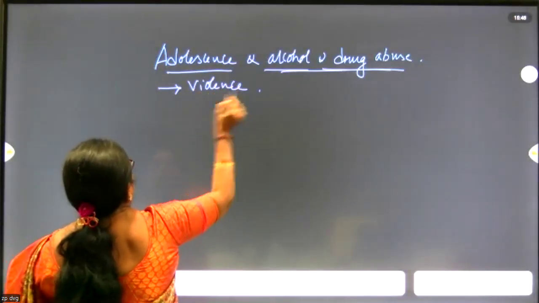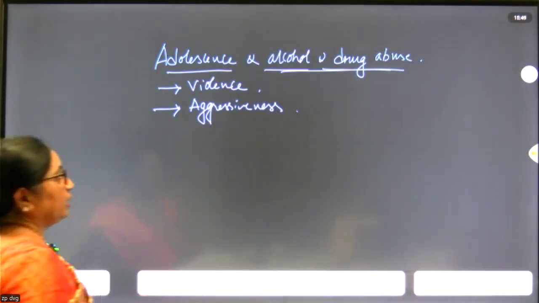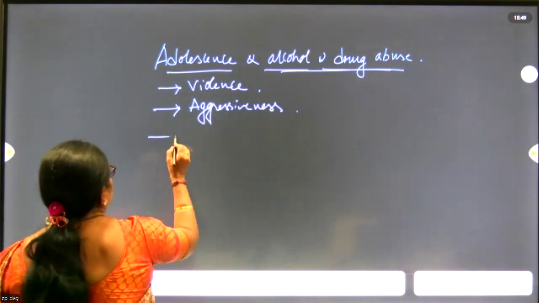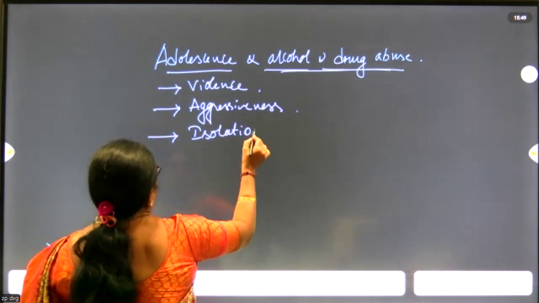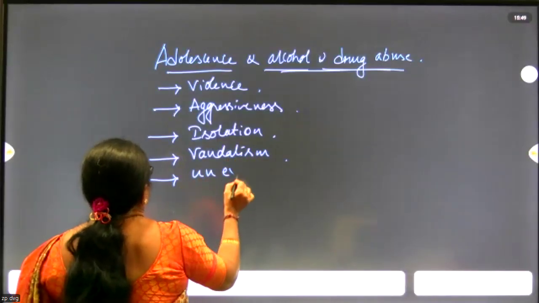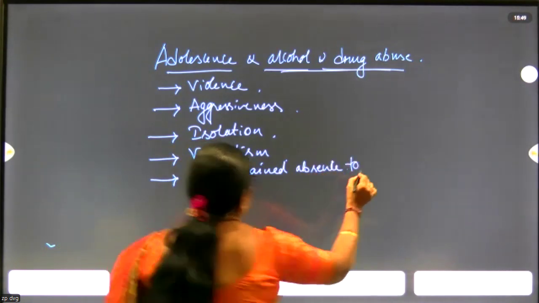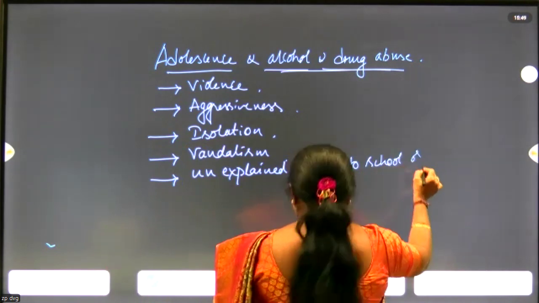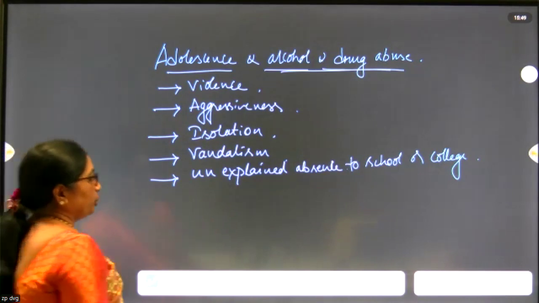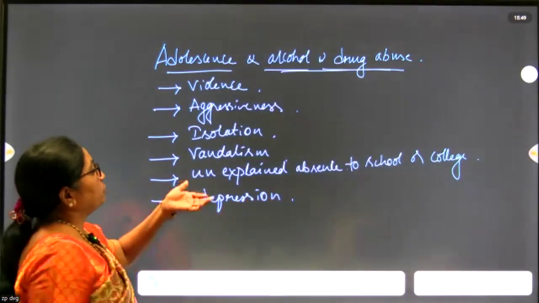When they start with drug abuse or alcohol abuse, they show certain symptoms like violence, aggressiveness, isolation, vandalism, unexplained absence from class, unexplained absence from school or college, and depression. It starts for amusement or fun.